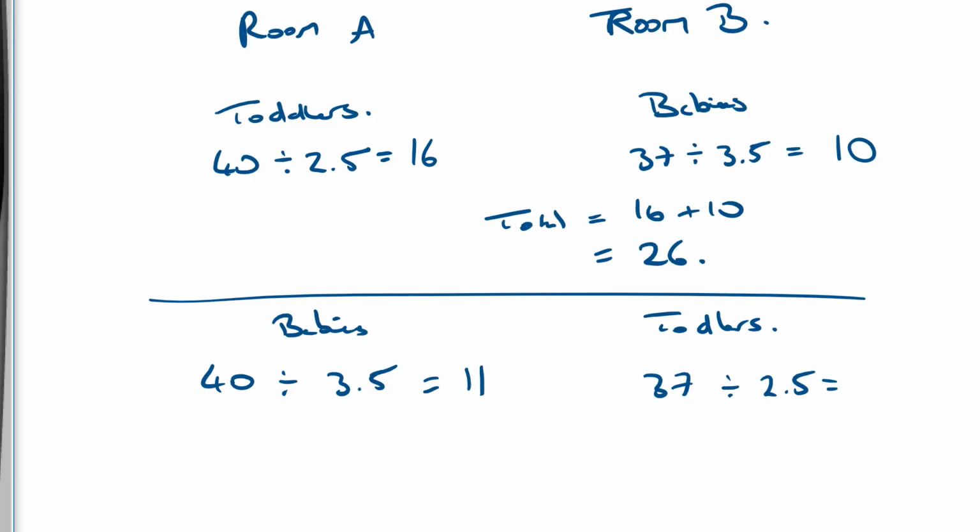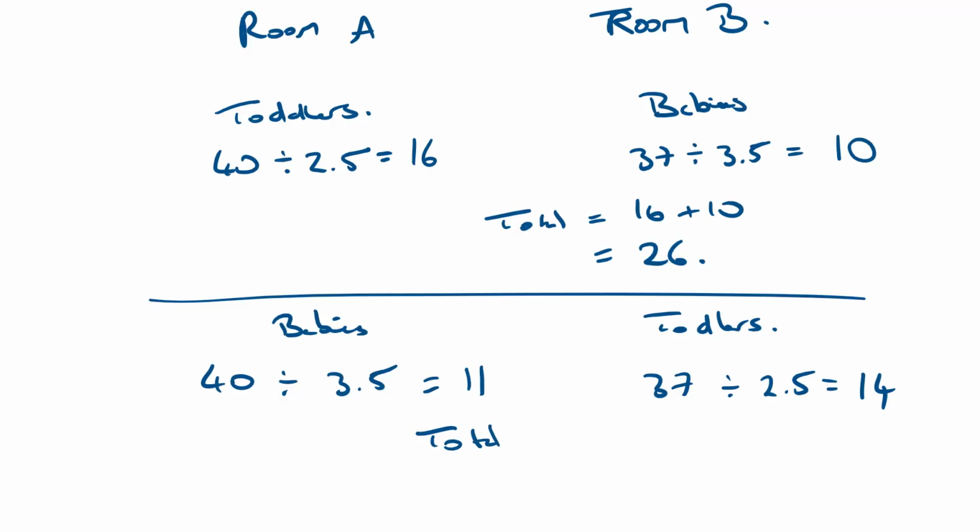And 37 divided by 2.5 is 14.8. Again, you can't really divide up toddlers. They don't like it. So I'm going to round that down to 14. So I've got 11 babies and 14 toddlers. So the total for babies and toddlers is going to be 11 plus 14, which gives me 25 children altogether.